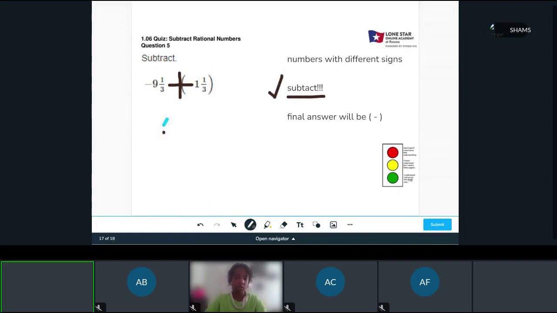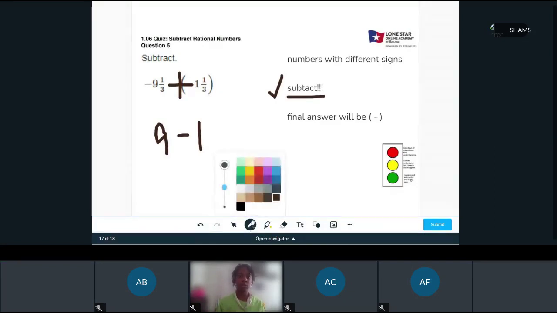Look at my strategy. I do 9 wholes minus the whole number 1. Does that make sense to you guys? I'm trying to subtract the whole number by the whole number over here. See, the whole number is 9, and then the whole number here is 1.